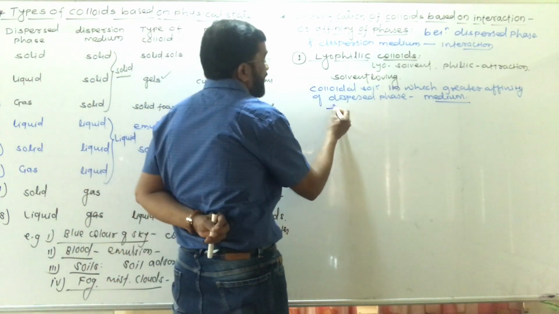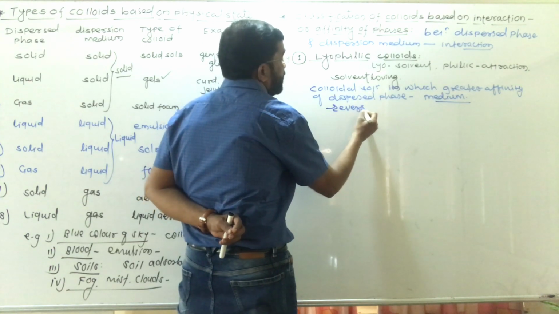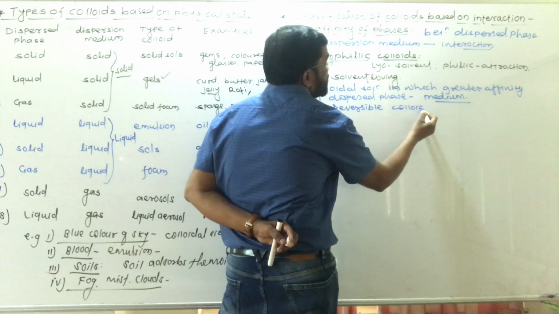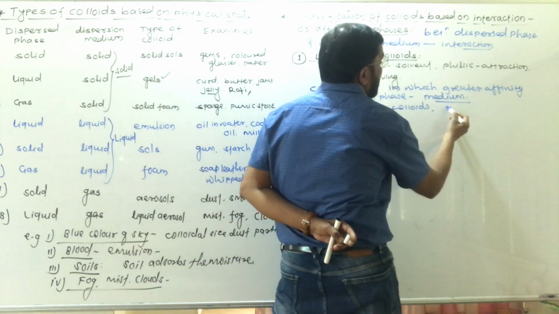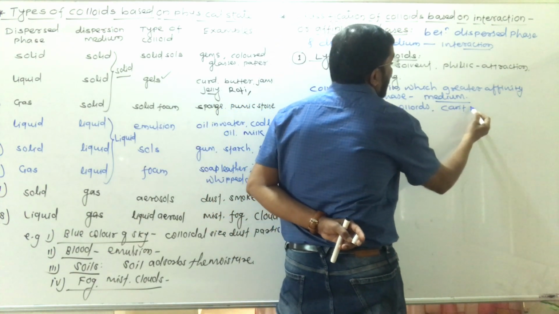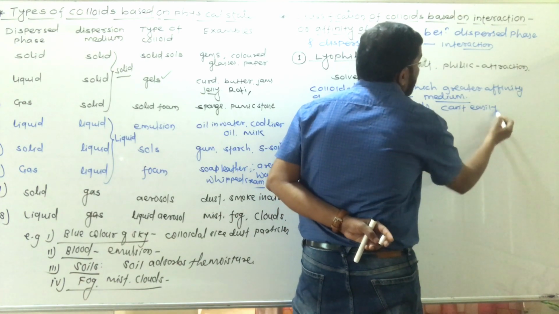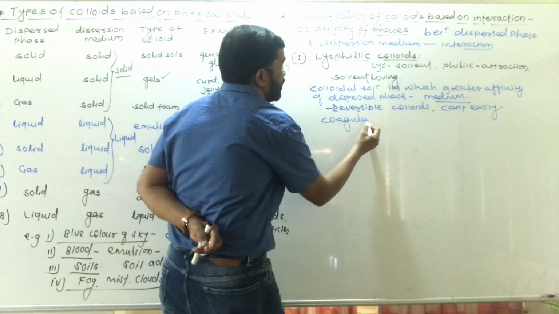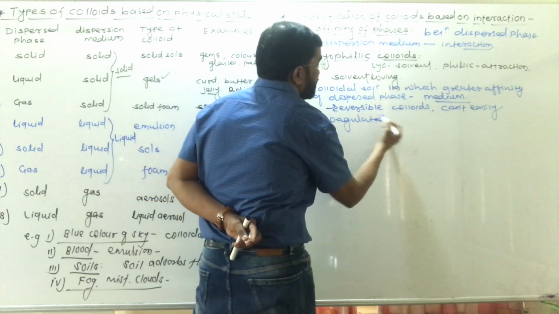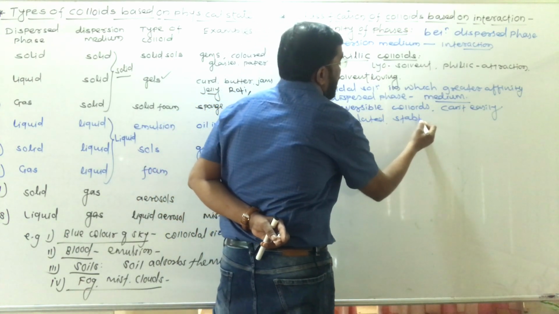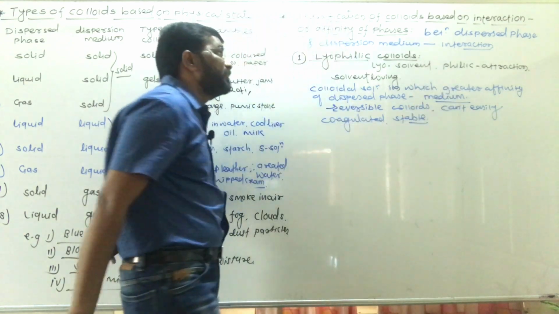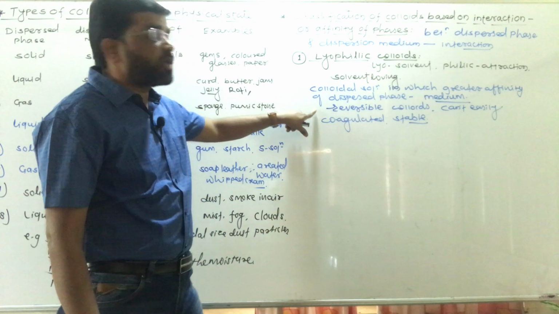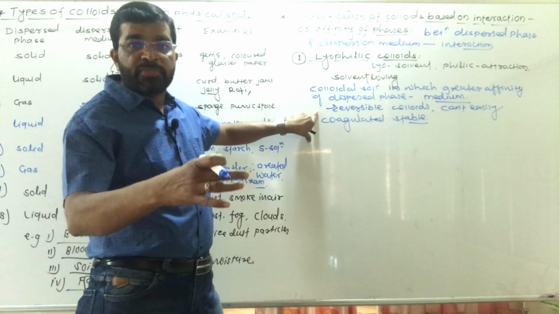Here these are reversible sols or reversible colloids. Reversible colloids, they cannot be easily coagulated, that is they are stable. These sols or these colloids are stable, they are reversible.